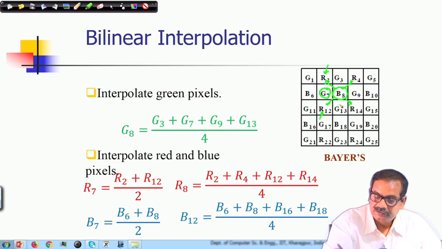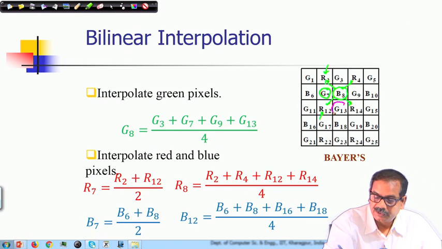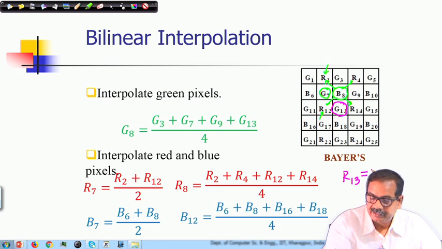You consider this particular location, and I should write the missing component red at that location, following the indexing convention, we call it R13. Then I should take the average of the left neighbor and right neighbor.